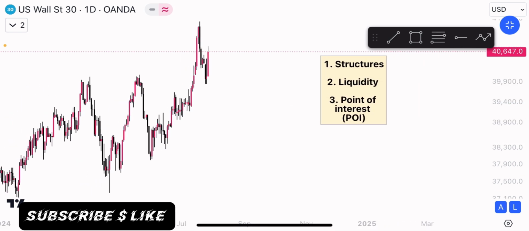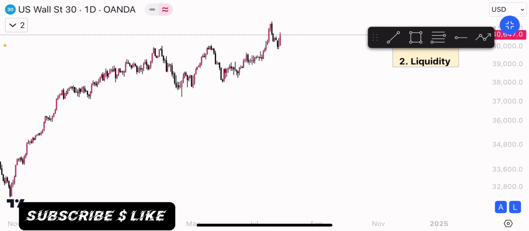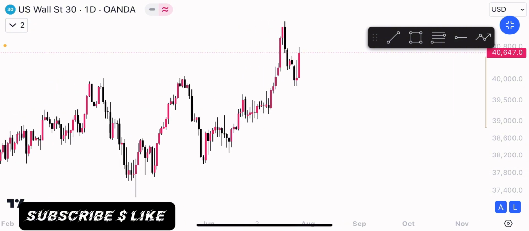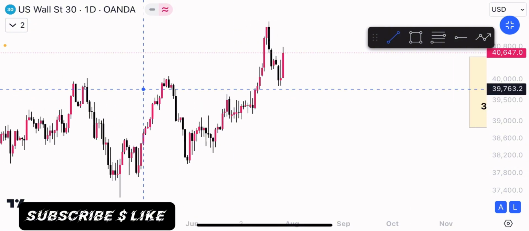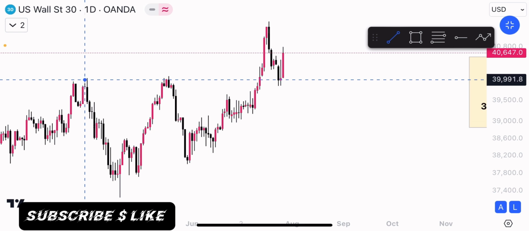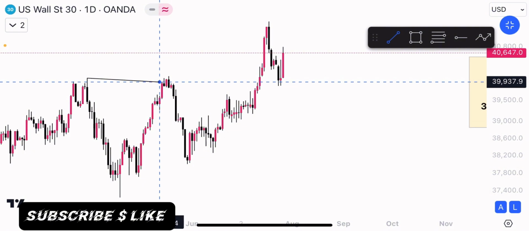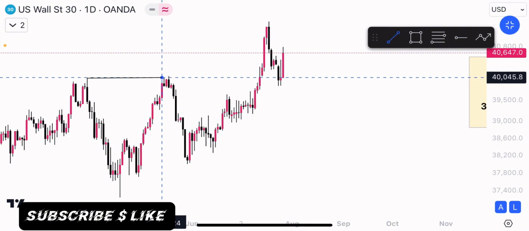So on the daily time frame, what is the structure saying? First of all, we have to look at what is happening of recent, okay? So looking at here now, look backwards, you can see this high was taken, it was just swept, okay?